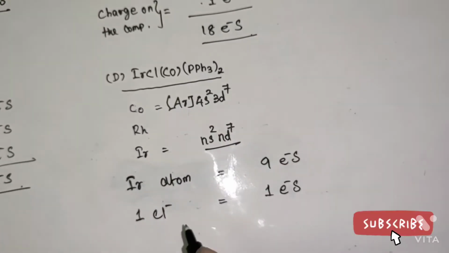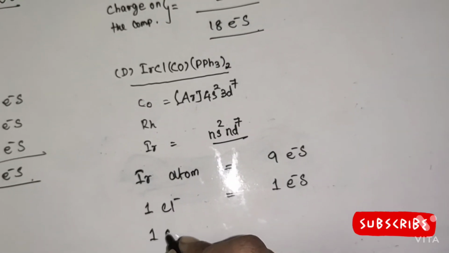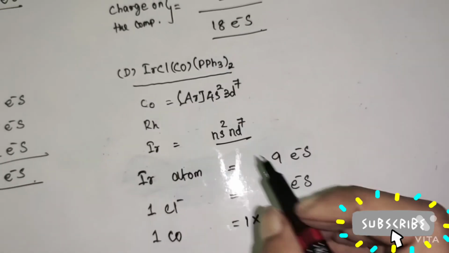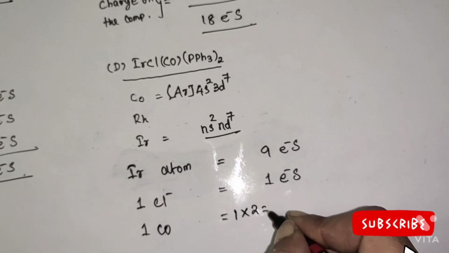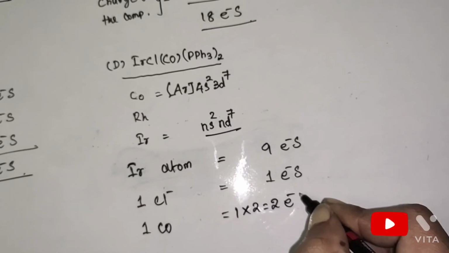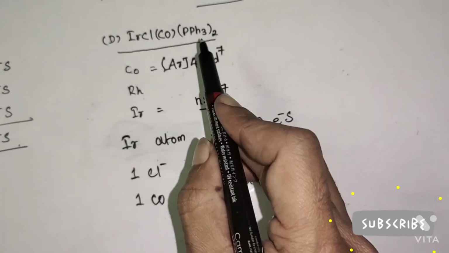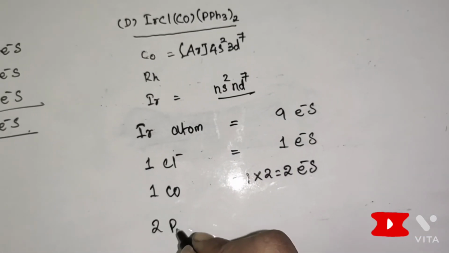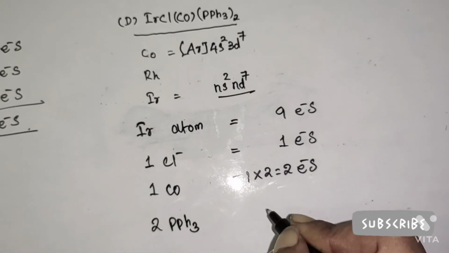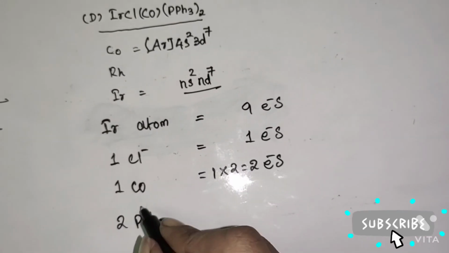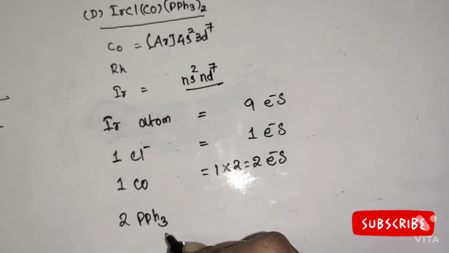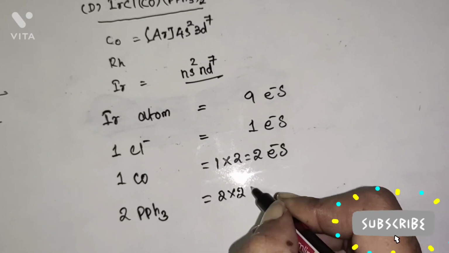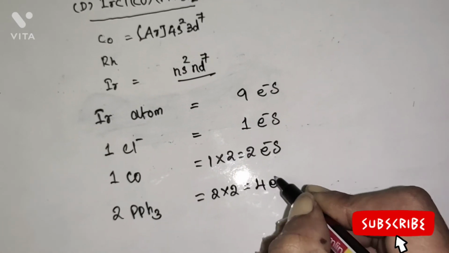Next, one carbonyl, so 1 into 2 is 2 electrons. Next, 2 triphenyl phosphine groups are present, each a 2 electron donor, so 2 into 2 is 4 electrons.